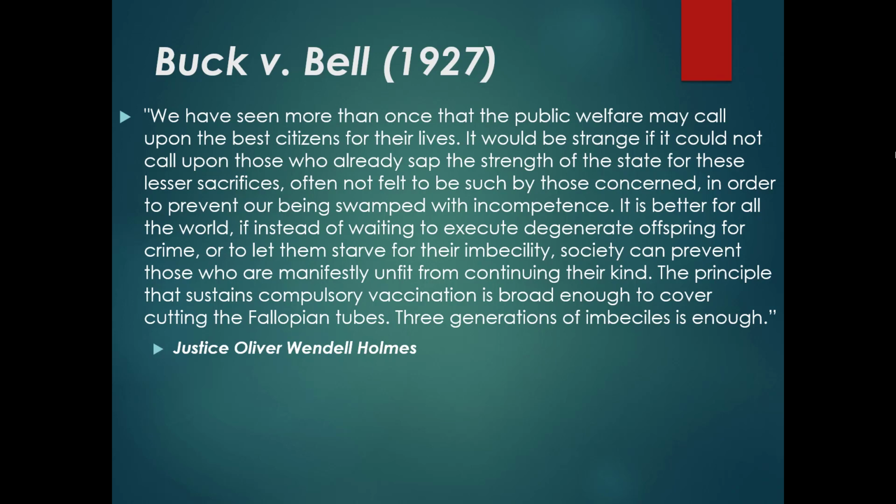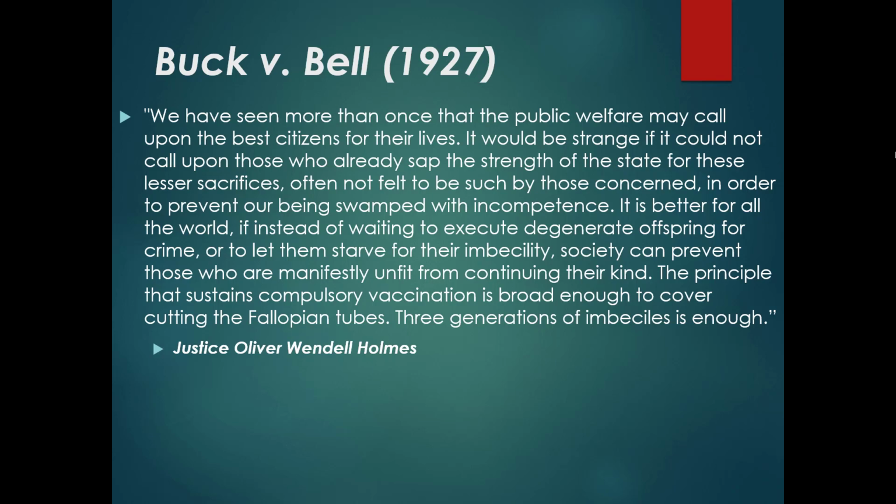He says, "We have seen more than once that the public welfare may call upon the best citizens for their lives. It would be strange if it could not call upon those who already sap the strength of the state for these lesser sacrifices, often not felt to be such by those concerned, in order to prevent our being swamped with incompetence.